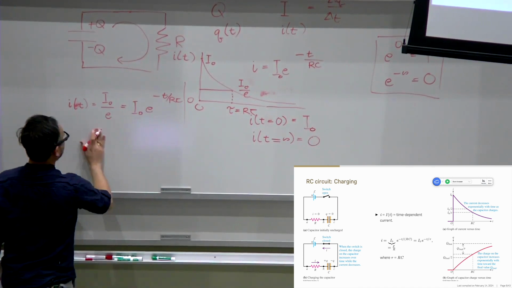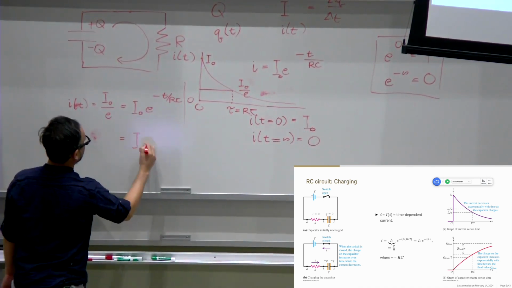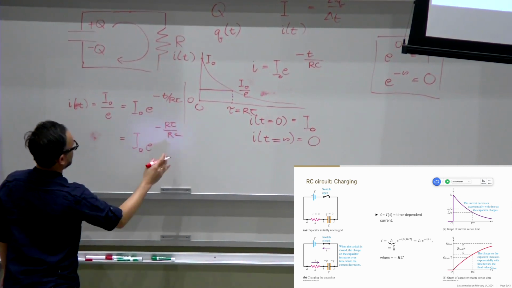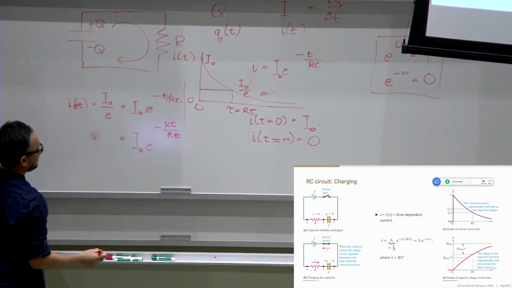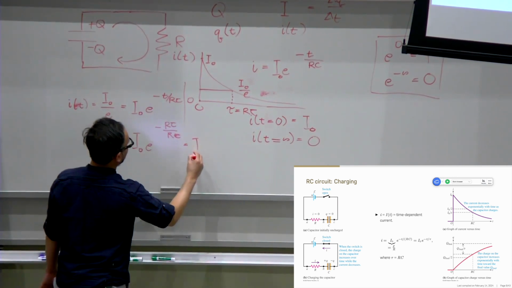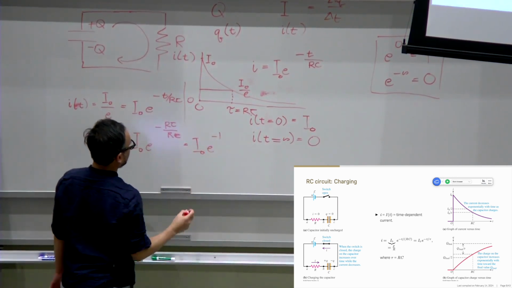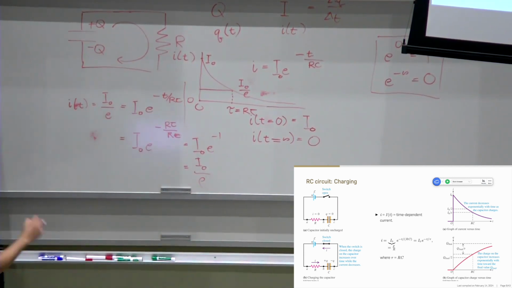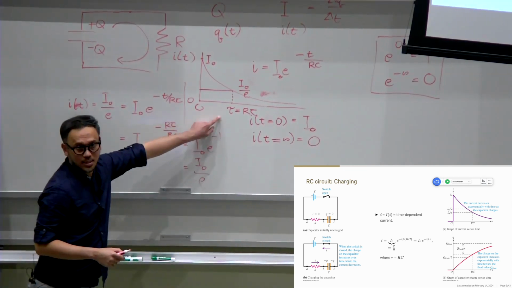So let me just write it. Then you get I naught e to the minus 1 is equal to I naught divided by e. Okay. So in the exam, we will ask you about this time constant, RC.